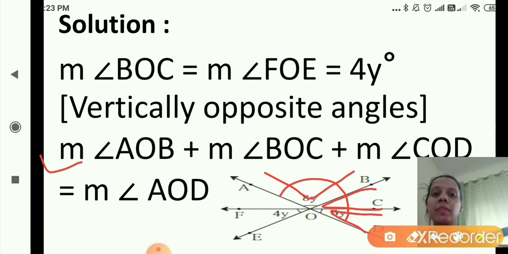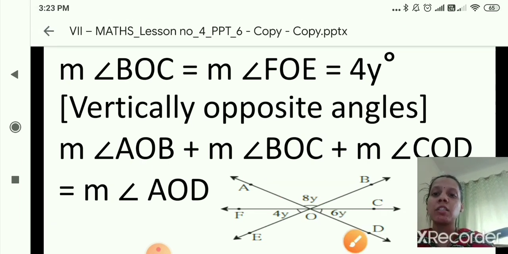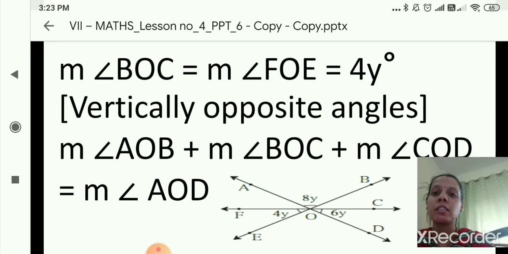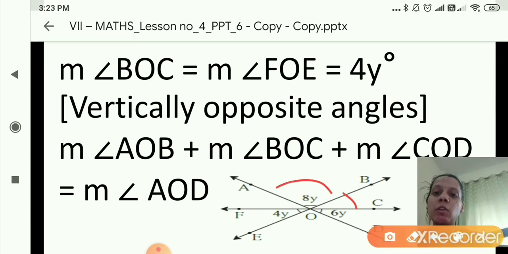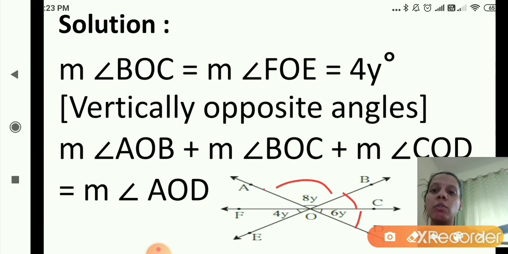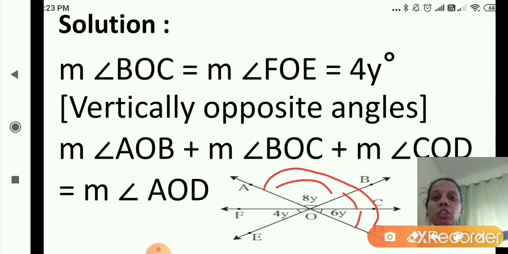So AOB plus BOC plus COD is equal to the whole measure of angle AOD.